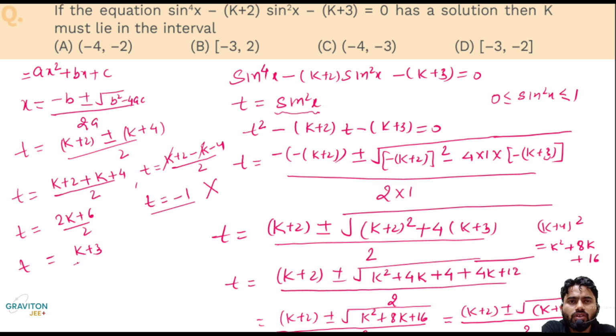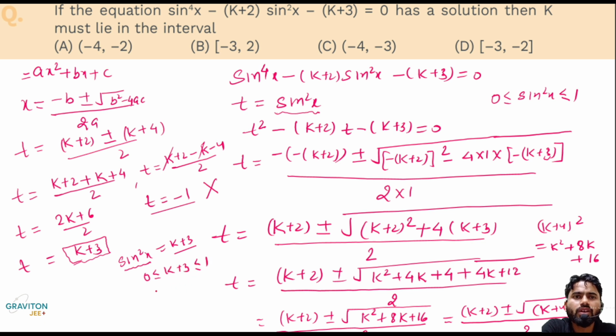So sin square x attains the value k plus 3. Where does sin square x lie? 0 to 1. So k plus 3 will also lie from 0 to 1.